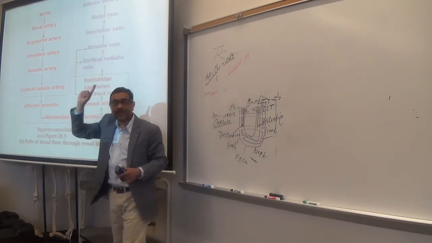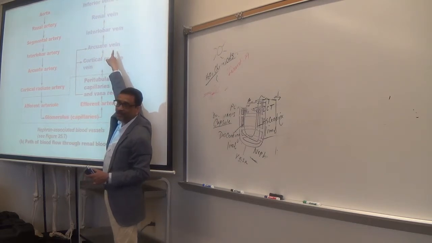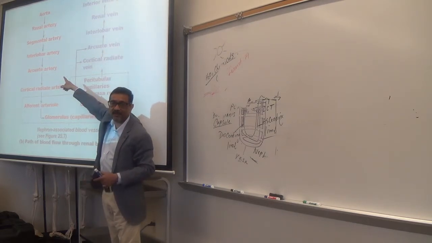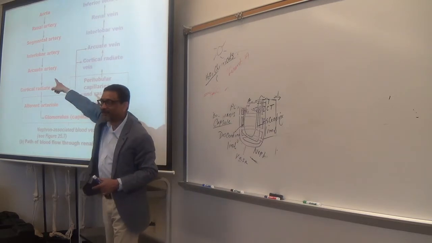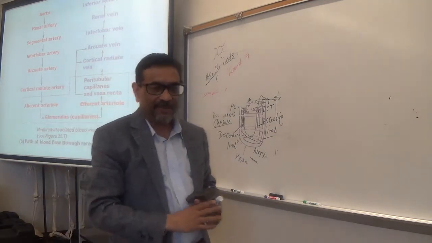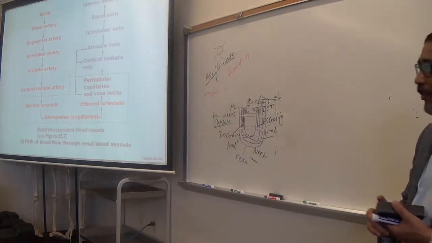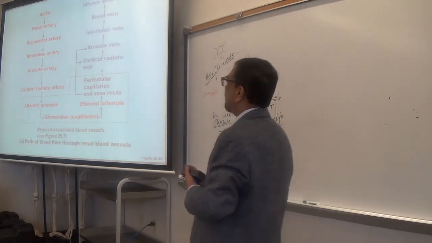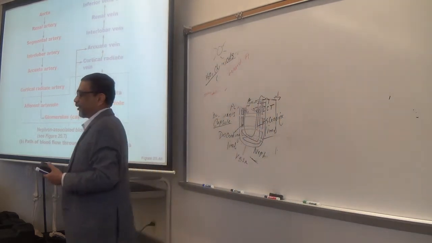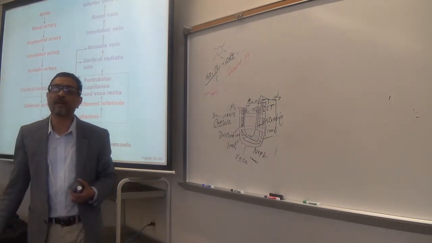Then one thing is missing here, which vein is not here, but artery is present there. Segmental. Make sense? So in case of veins, one is absent. That's the segmental. That means what? From interlobar, the blood directly enters into the renal vein.